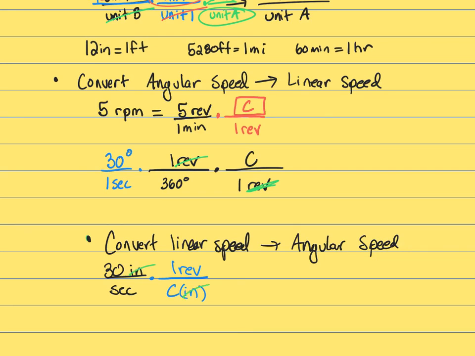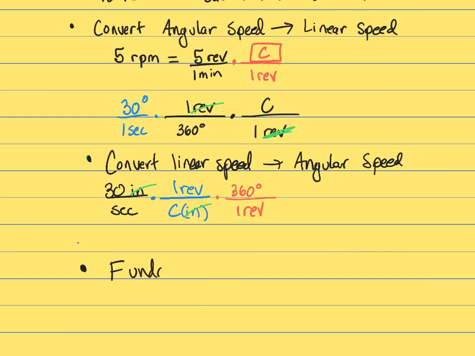Now, if they then wanted you to get radians per second, then you would say 1 revolution is 2 pi radians. Or if they wanted you to get degrees, you would say 360 degrees is 1 revolution of a circle. So really, the underlying relationship that we keep using over and over again is 1 revolution per circumference.